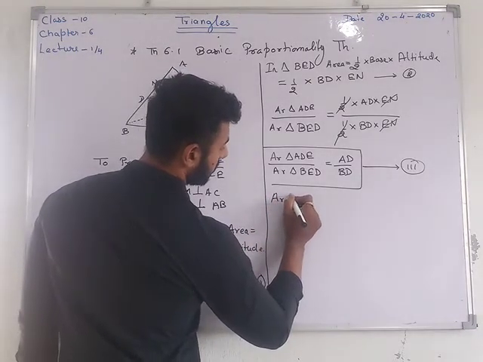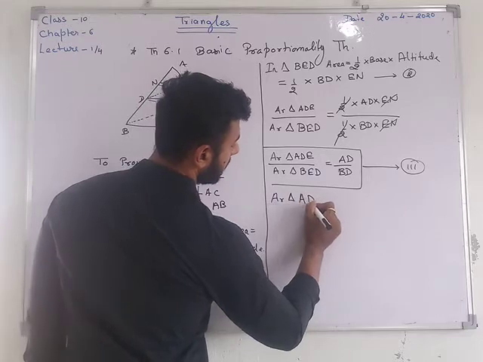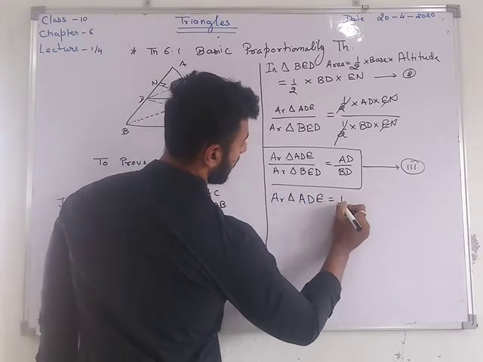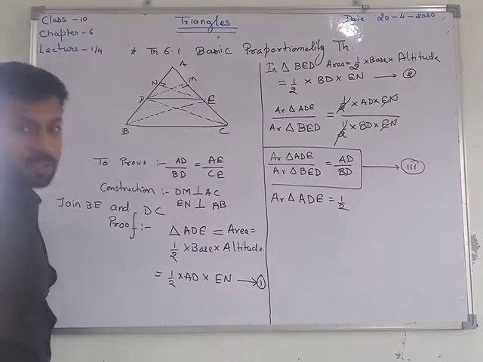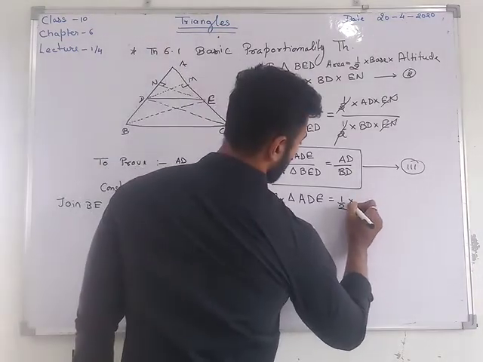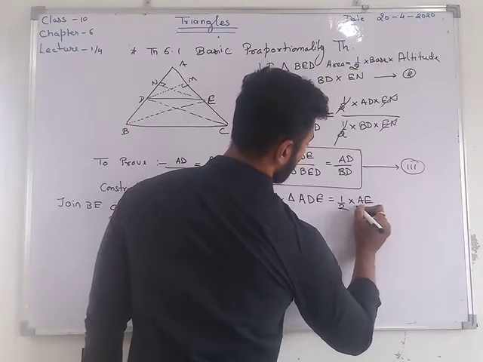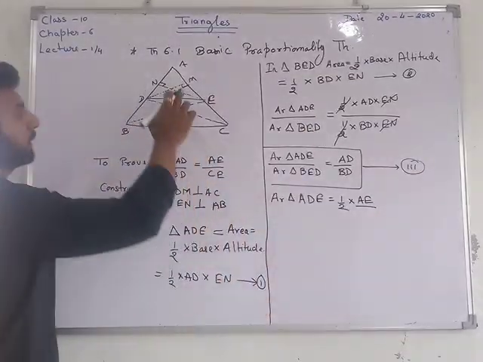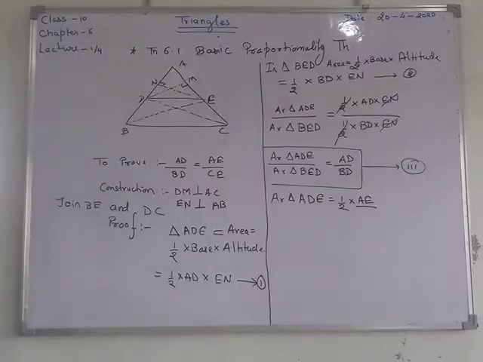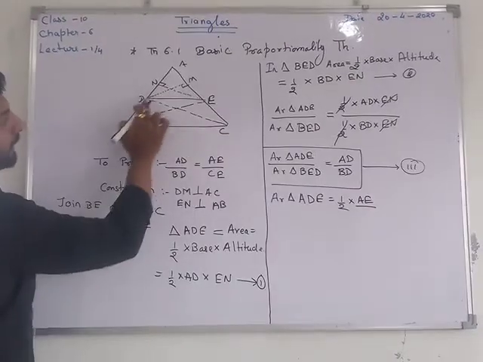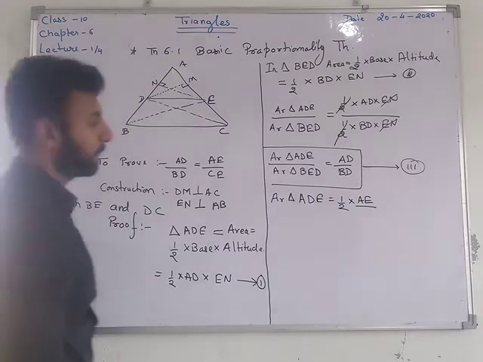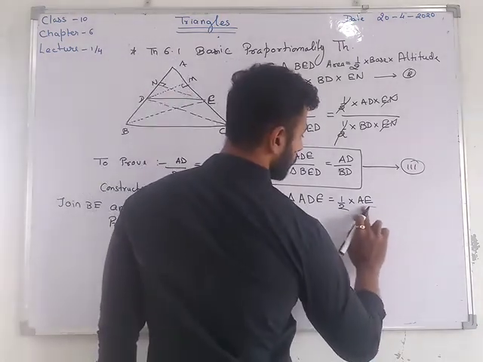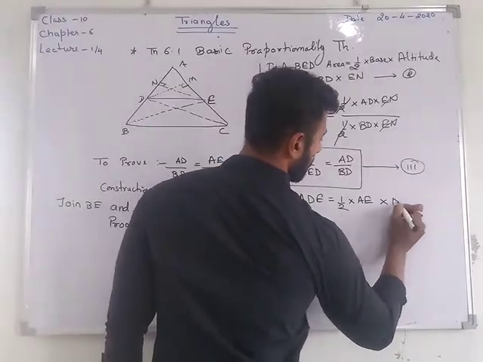Area of triangle ADE is half base, this base will now be AE, and altitude will be DM, because AE is the base. So half AE into DM.